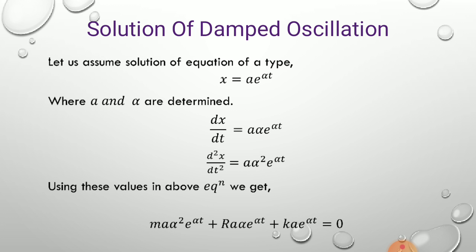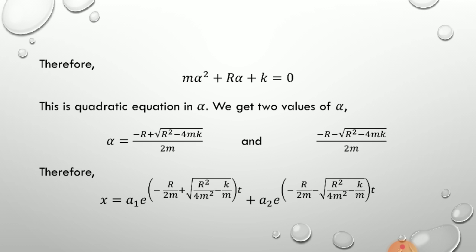Therefore, it is equal to a alpha square e raised to alpha t. Using these values in the above equation, we get m a alpha square e raised to alpha t plus r a alpha e raised to alpha t plus k a e raised to alpha t is equal to 0. Simplifying this equation, we get m alpha square plus r alpha plus k is equal to 0.